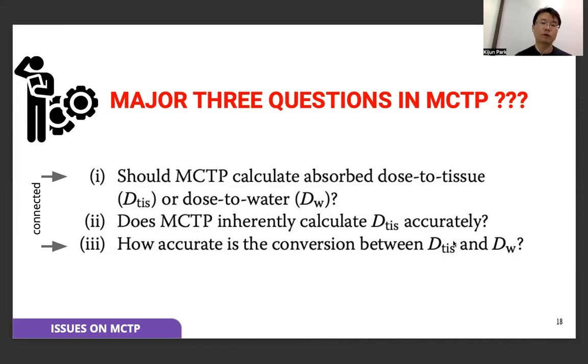The second is whether the MCTP calculates tissue dose accurately, and how much you can trust it.